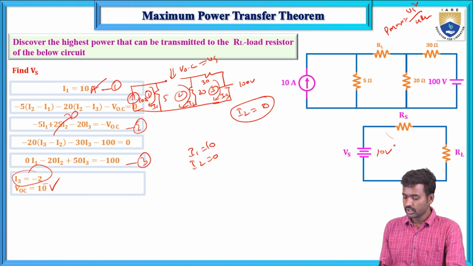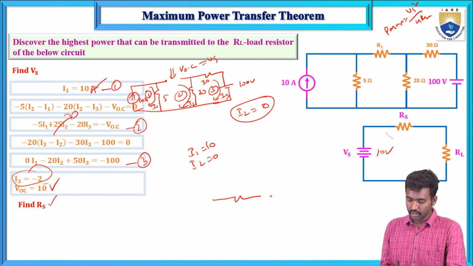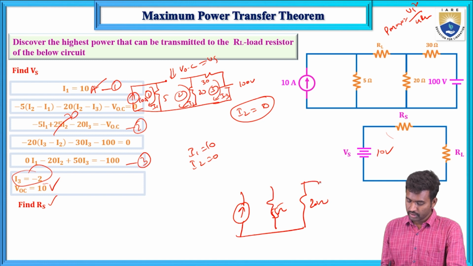Now we have 10 volts, and next is the calculation of RS. I am drawing the circuit here for this current source, and next the resistances: 5 ohms, 20 ohms, 30 ohms, and this is 100 volts.